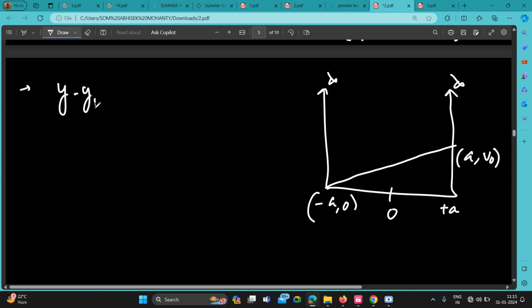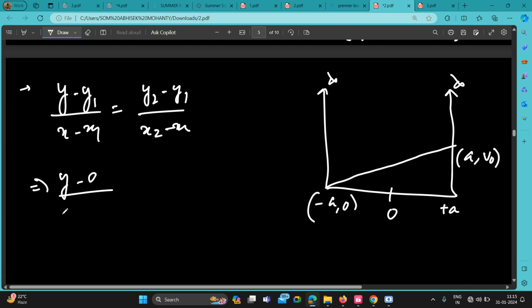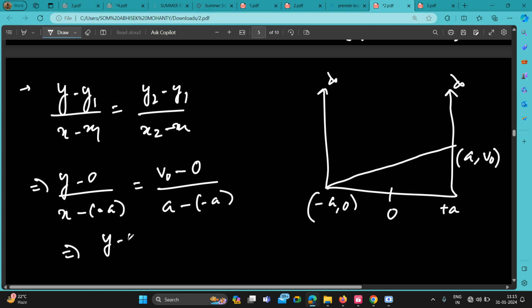First of all, perturbation, we know y minus y1 by x minus x1, the equation of line, is the perturbation: y2 minus y1 by x2 minus x1. y minus 0 by x minus minus a is equal to V naught minus 0 by a minus minus a. So y minus 0 by x plus a is equal to V naught by 2a.